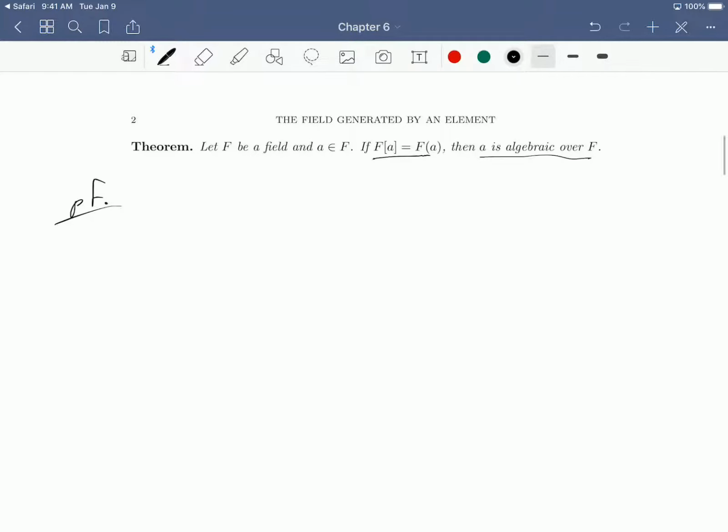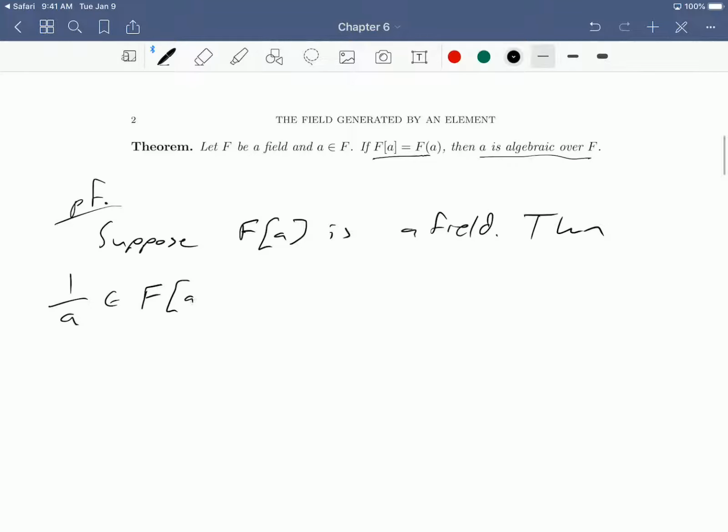We're going to start by saying suppose F adjoin A is a field. Okay, so then what that means is, in particular, 1 over A is in F adjoin A as a ring.